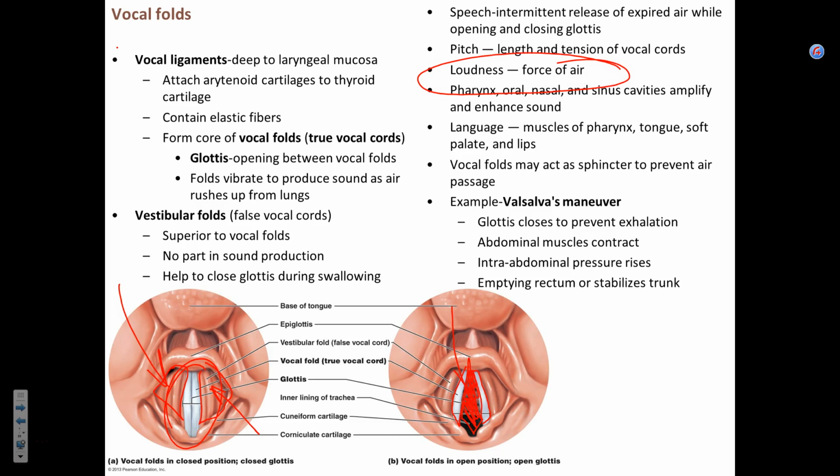So in Valsalva's Maneuver, when you lift something really, really heavy, the air in the lungs is pressed by the force of the core muscles, and sometimes you just inhale a little bit to stabilize the trunk.